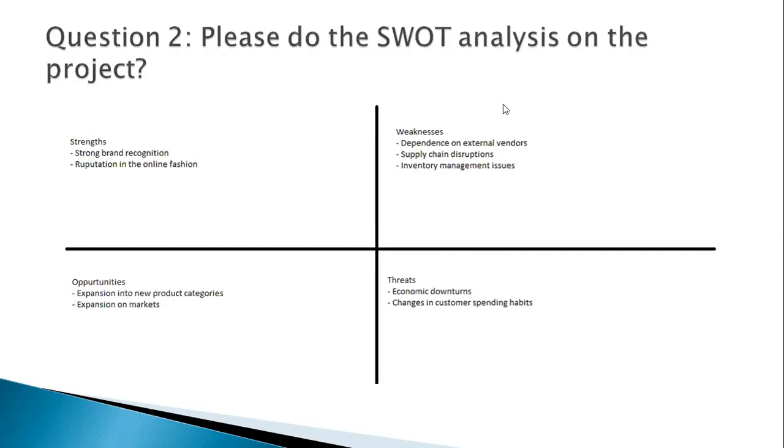What are the opportunities you can get? And what are the threats that you can have, guys? So this is what you will have to do. So please understand that SWOT must be done on the project. So now you need to analyze what could be the strengths, weaknesses, opportunities, and threats. So this is how you will do this SWOT analysis for the project.